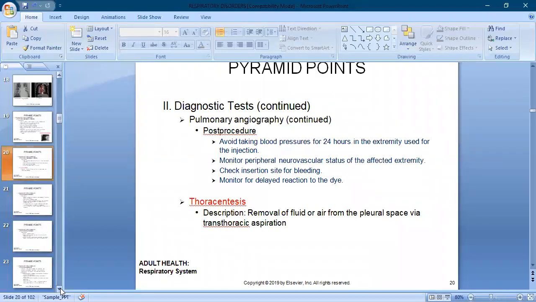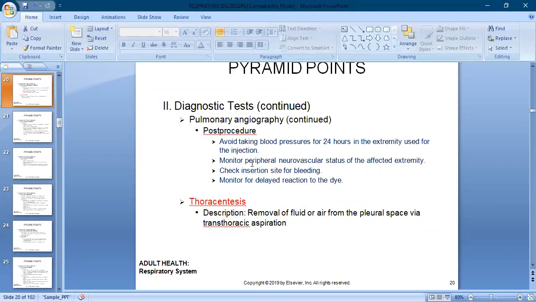So now go for post-procedure. What should we do? Avoid taking blood pressure for 24 hours in the extremity used for the injection. So if we use the femoral artery or cubital artery for the dye, we will not take the blood pressure for the next 24 hours.